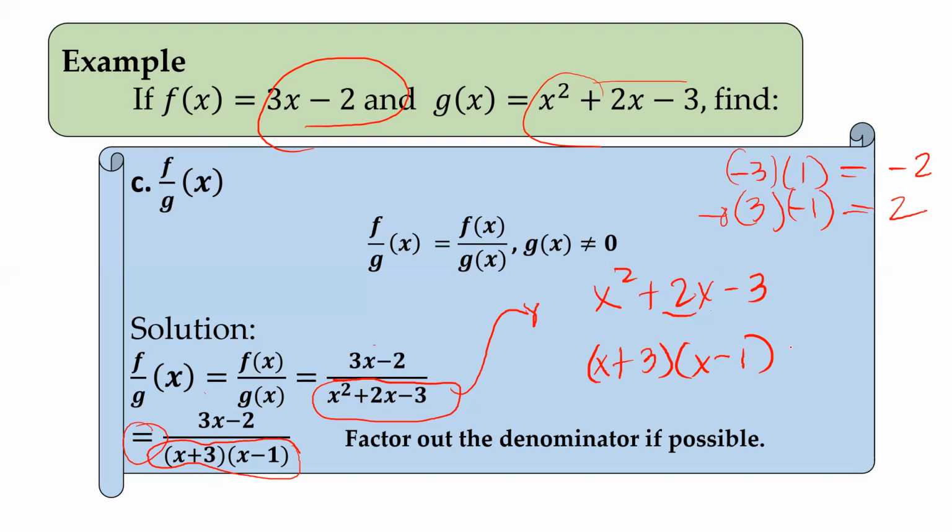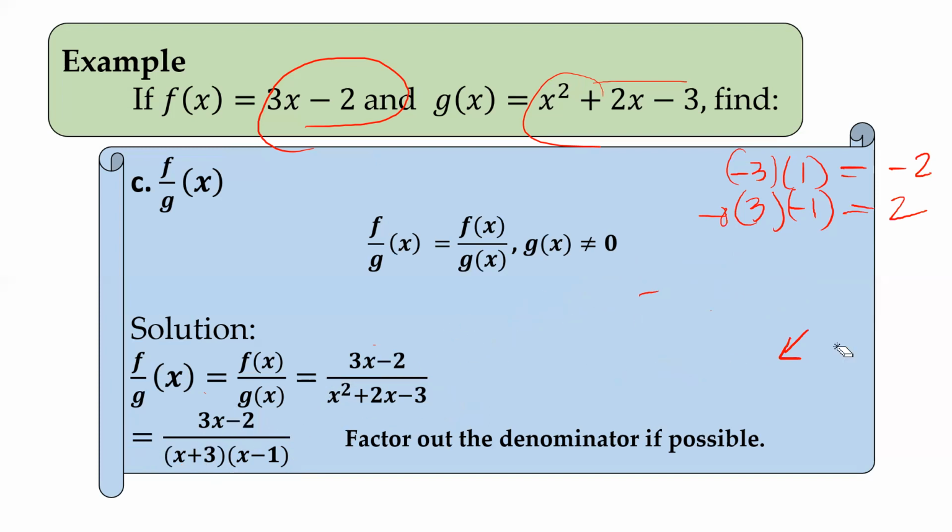Therefore, these are the two factors that we can make x squared plus 2x minus 3. That's why the final answer is 3x minus 2 over x plus 3 times x minus 1. Okay, after you factored out, that's your final answer already.